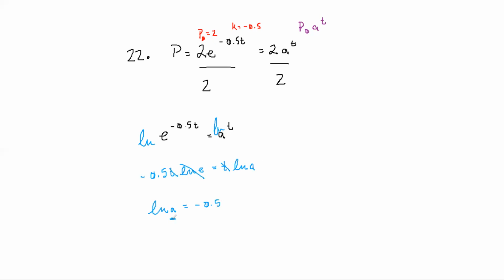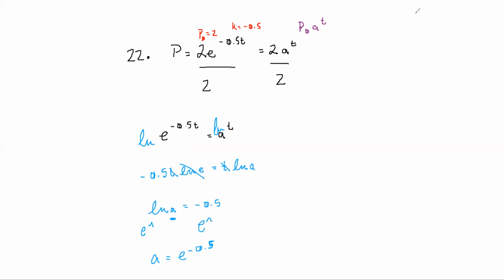But I want actual a. So I'm going to just take it to the e. So I'm going to end up with a is equal to e to the negative 0.5. Which is pretty familiar.